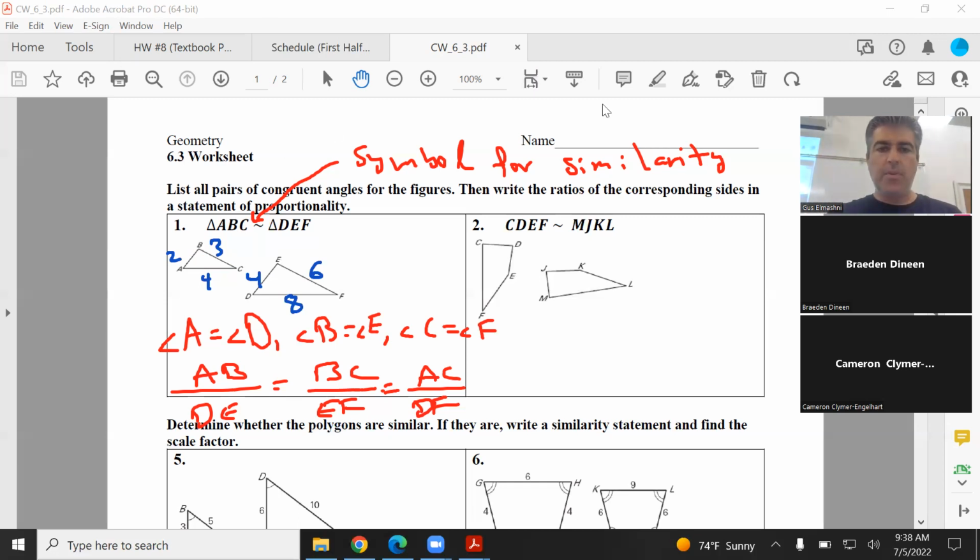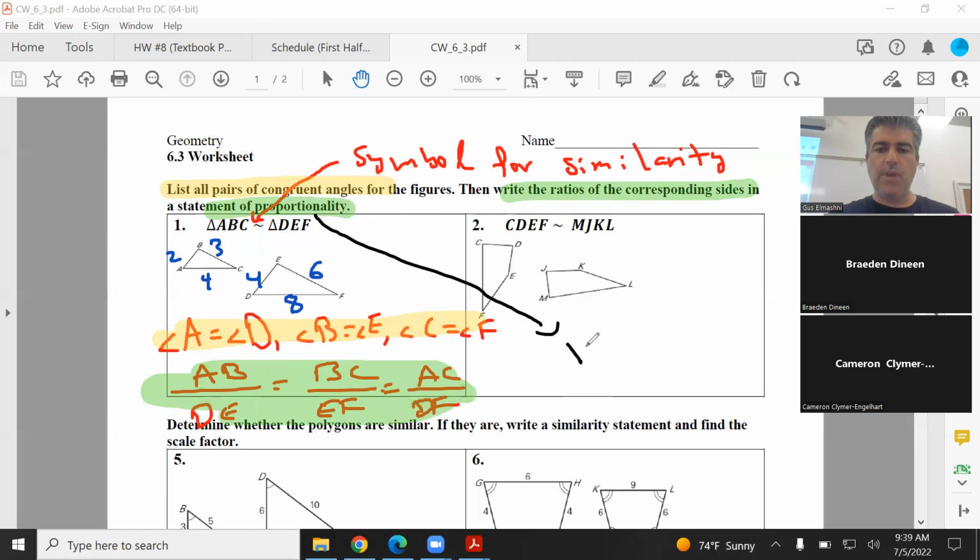So when you're asked to list all pairs of congruent angles, that's right here. When you're asked to write the ratios of the corresponding sides and a statement of proportionality, that's this right here. And remember, proportional means ratios of equal value.